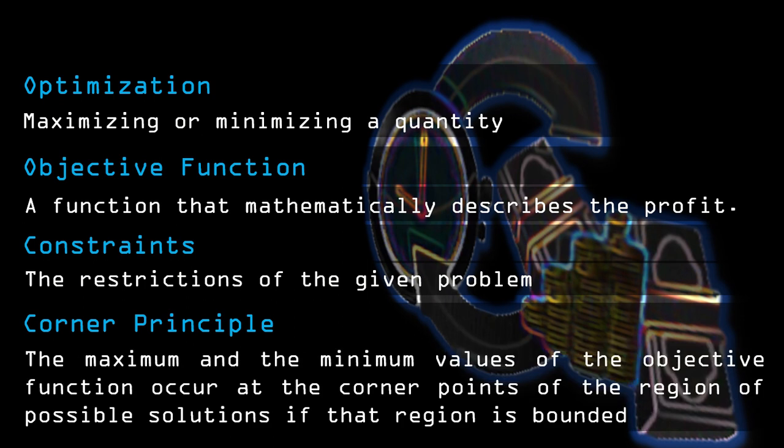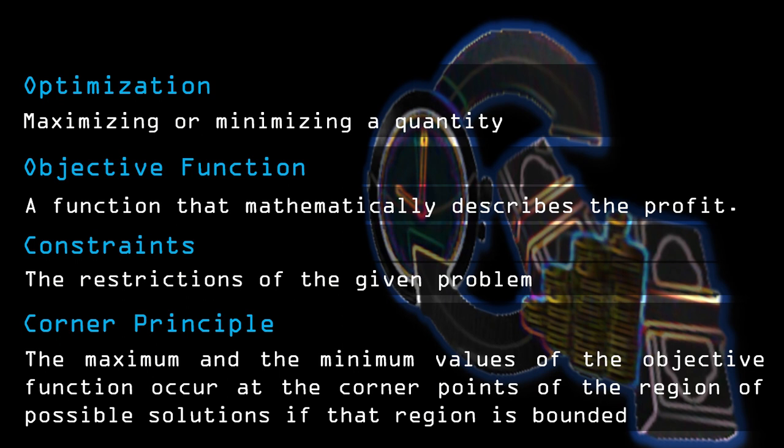It is that the maximum and the minimum values of the objective function occur at the corner points of the region of possible solutions if the region is bounded. So when it comes to identifying the values for us to maximize or minimize the quantity that is needed in our problem, we're going to use the corner points or the ordered pairs for the feasible region.